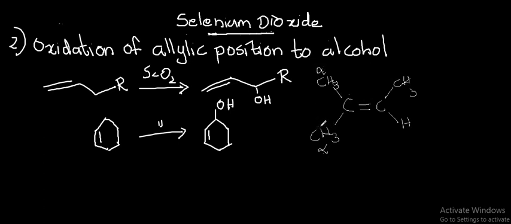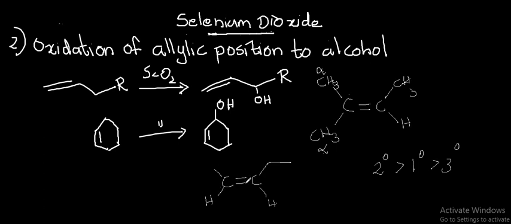Second rule: in an olefin, if primary, secondary, tertiary allylic positions are present, the reactivity order with respect to selenium oxidation will be secondary greater than primary greater than tertiary. For example, C double bond C, hydrogen, hydrogen, CH2, CH3, CH3.